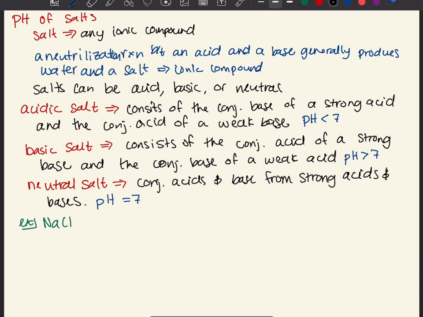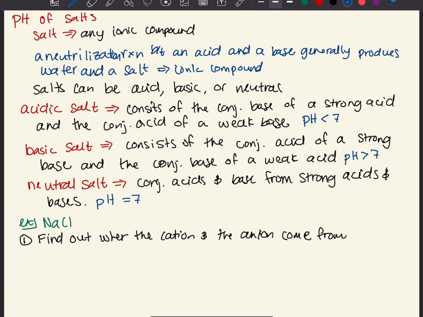So the first thing you need to do is determine where the cation and the anion come from. Remember, when we get these salts in solution, it is a result of a neutralization reaction.